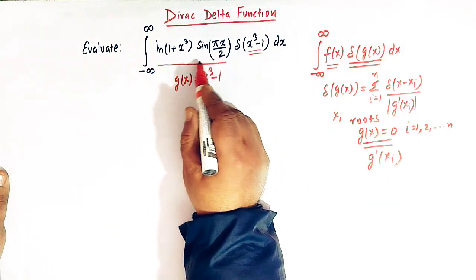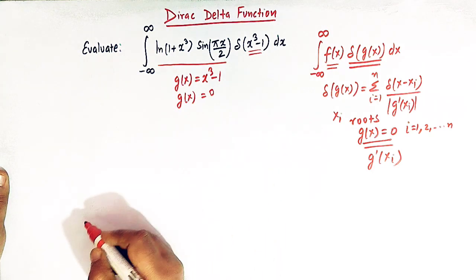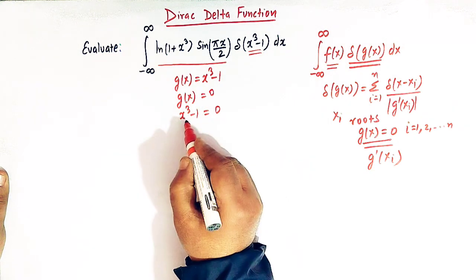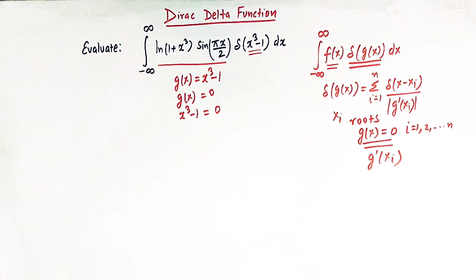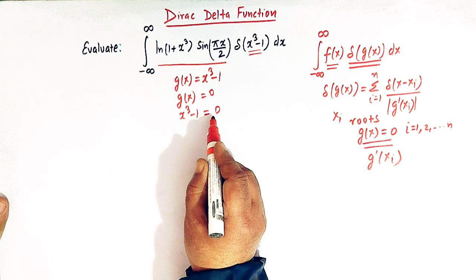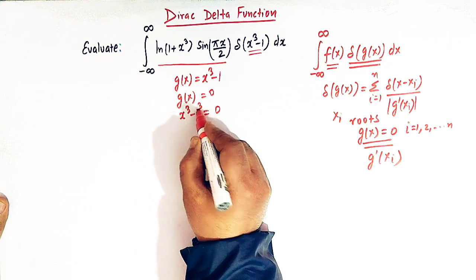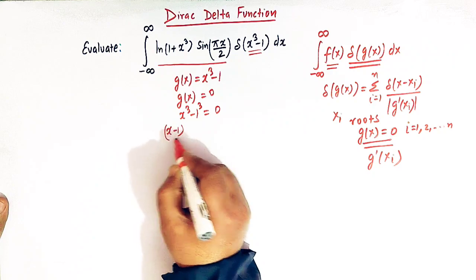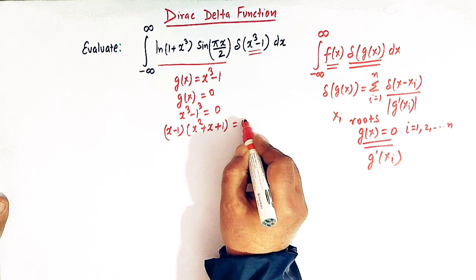Now we solve the equation g of x is equal to 0, so we have x cube minus 1 is equal to 0. This is a cubic equation and it has three roots. If we factorize x cube minus 1, we get x minus 1 times x square plus x plus 1 is equal to 0.